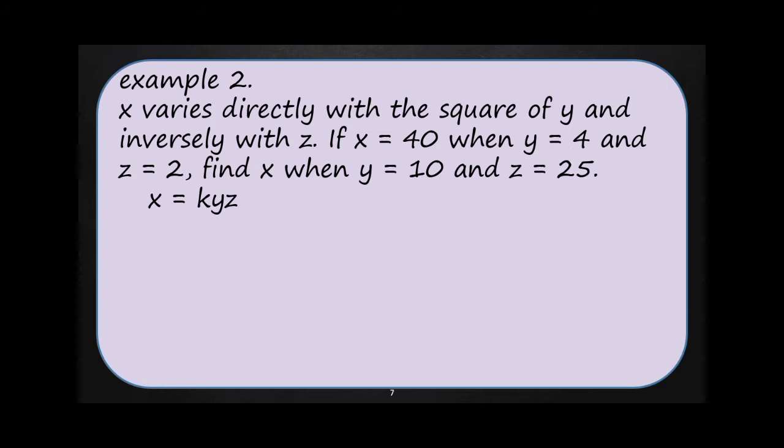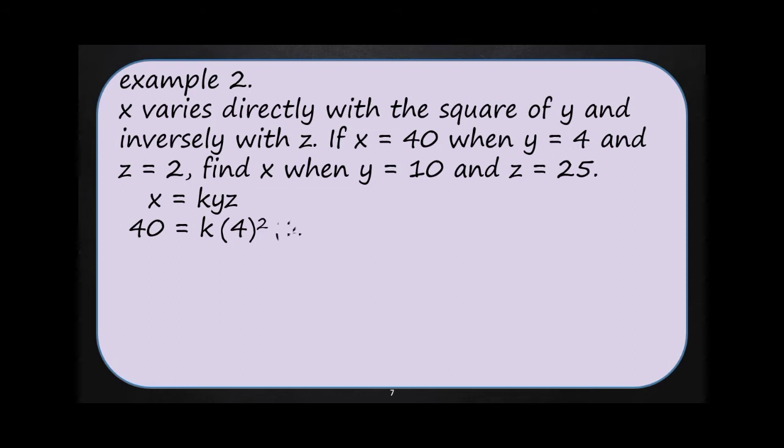Given the value of x, which is 40, then this is equal to k multiplied by the value of y, which is 4 squared. According to the problem, x varies directly with the square of y, so we have here 4 raised to the second power.